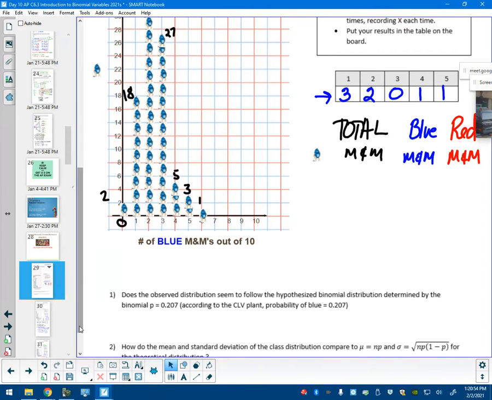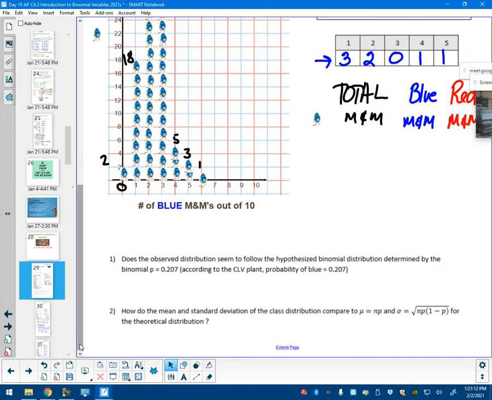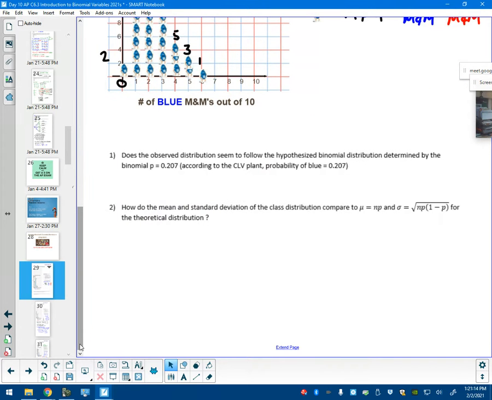Does the observed distribution seem to follow the hypothesized binomial distribution determined by the binomial value p equal 0.207 according to the Cleveland plant? Well, I can't answer that question yet. But let me come down here and tell me what I would expect it to be.